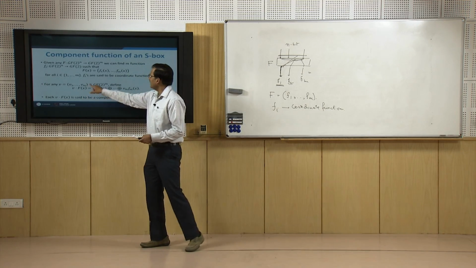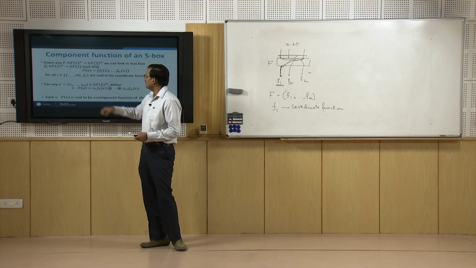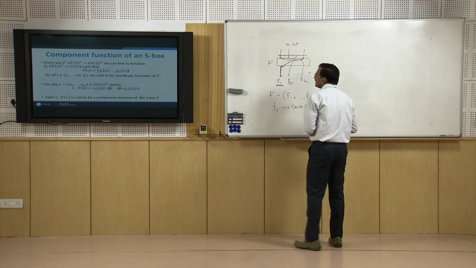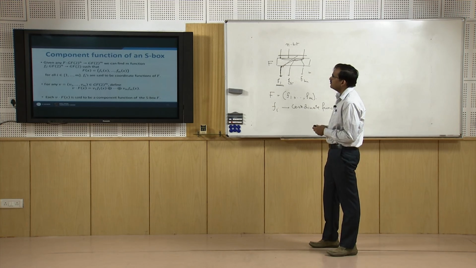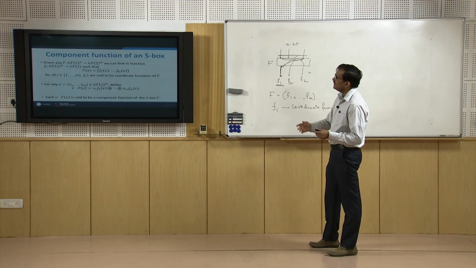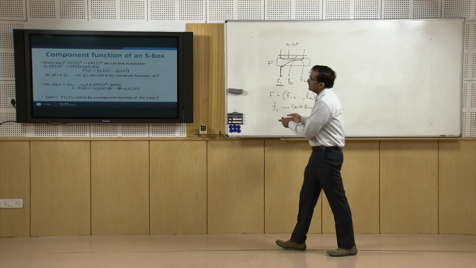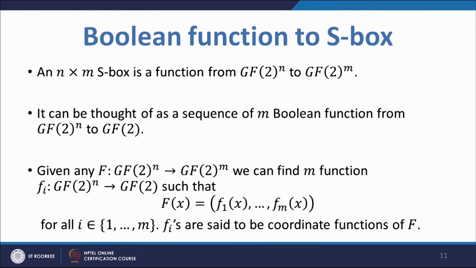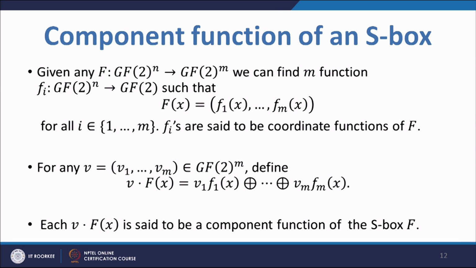So, I take a vector in GF2 to the power m and call it v, and then I am just taking a linear combination by multiplying v1 with f1 and XORing with v2 with f2 and so on.